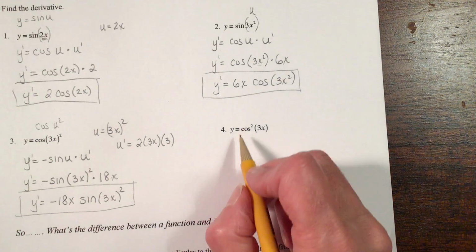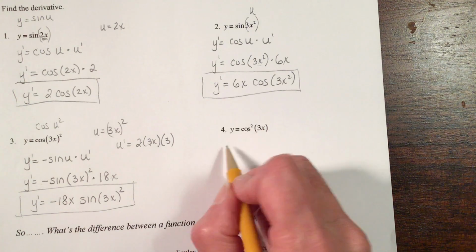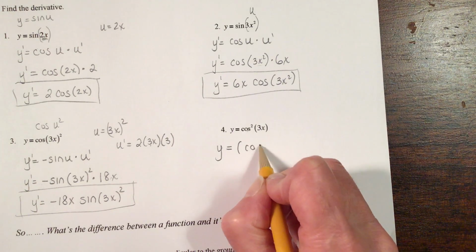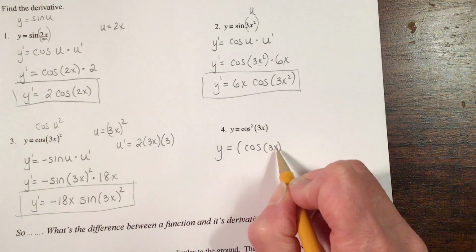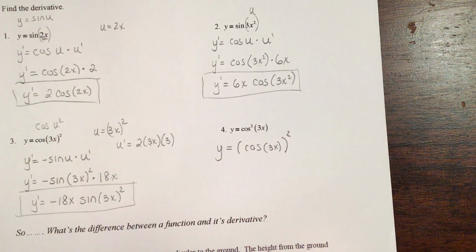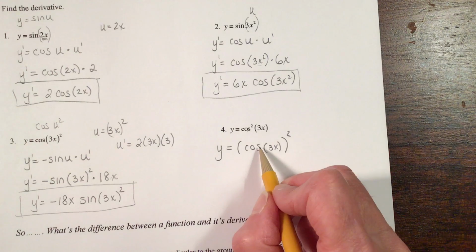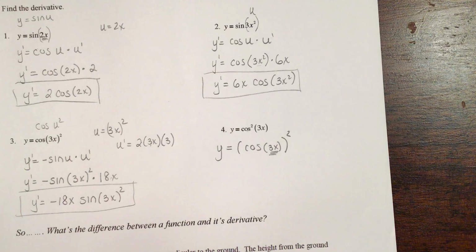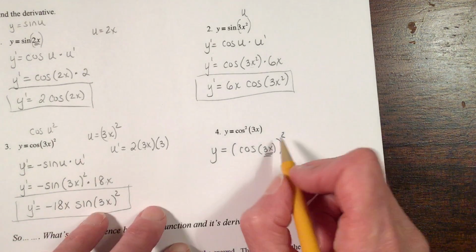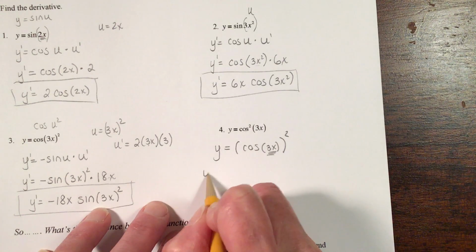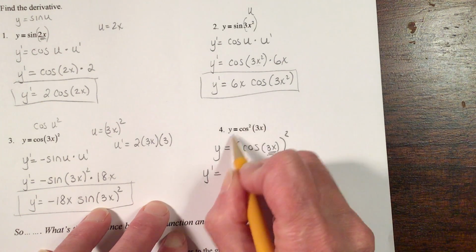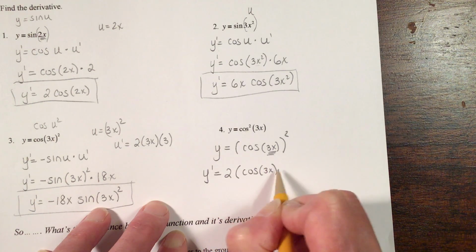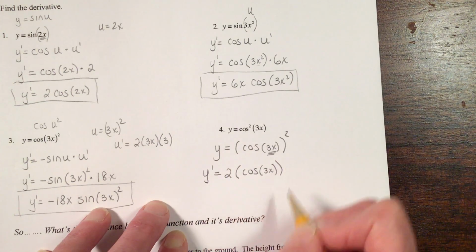And our last problem of this nature, cosine squared 3x. Now this one's going to be a little bit of a challenge. First thing I'm going to do is rewrite this guy like that. So basically, I have a u, I have something being squared, but I also have a u in there. So this is sort of a double chain rule. I'm going to start outside, so I'm going to take the derivative of the outside function. Remember, when we use the chain rule on a set of parentheses, leave the inside guy alone. 2 cosine to the first power.